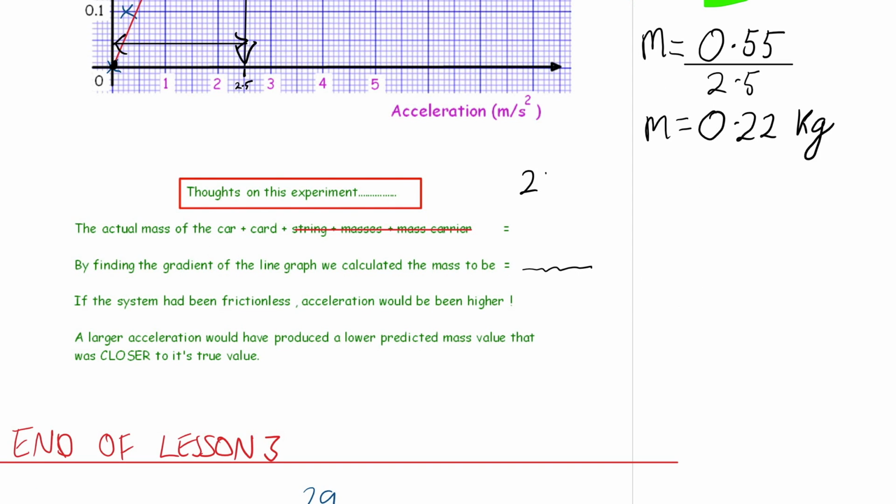It came to 230 grams, which is 0.23 kilograms. It's not exactly right due to experimental error, but that's quite accurate. So we're happy with those readings.